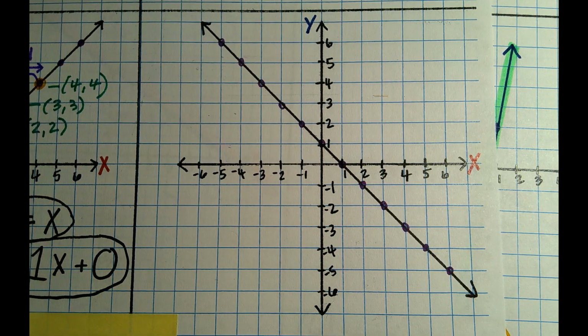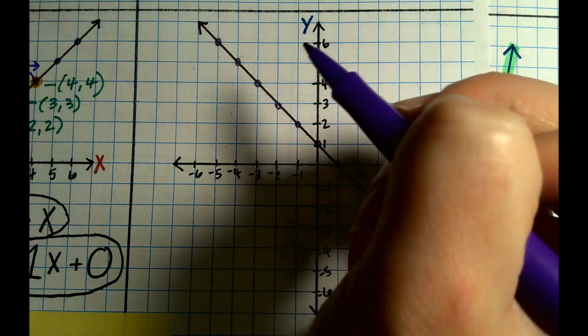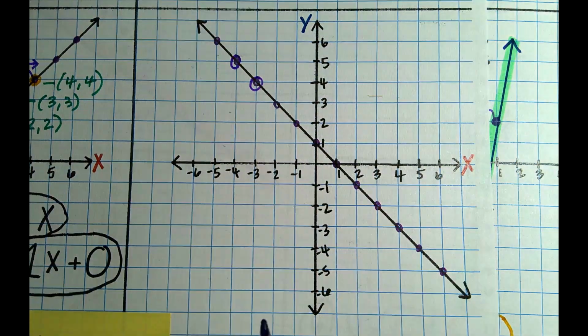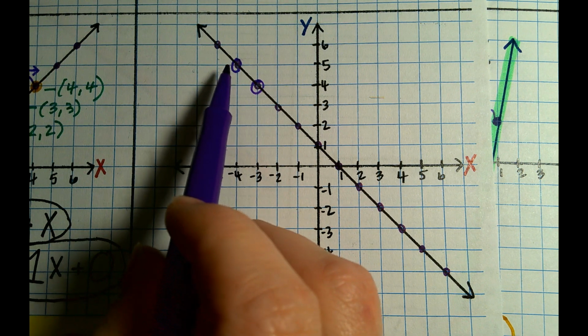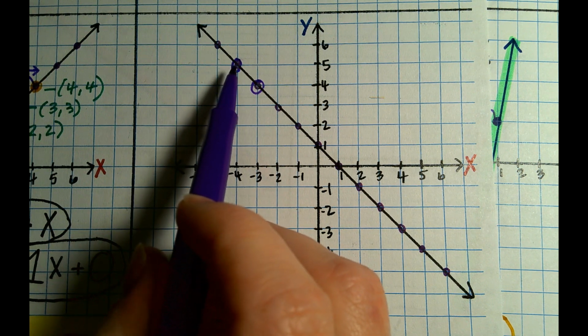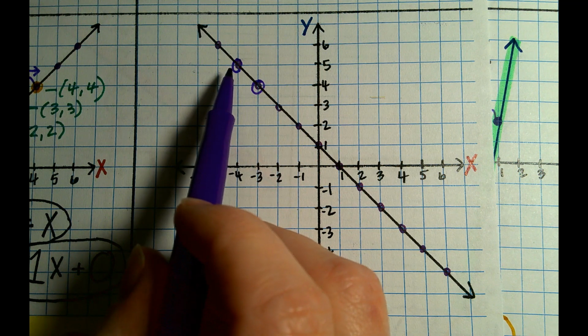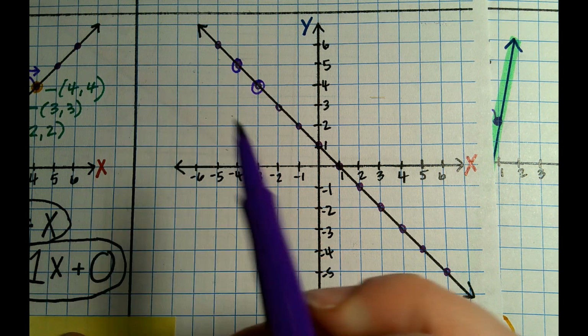And we'll pick 2 points. Let's do these over here. So starting from the left, how far up or down do I move to get to the next point? Down 1 over 1.